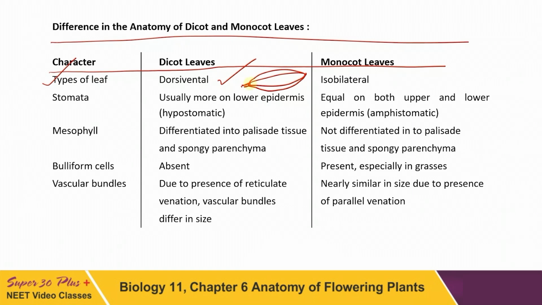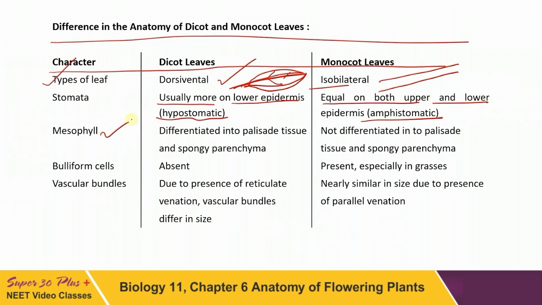Dorsiventral, midvein is there, reticulate venation is there. Isobilateral leaf, I told you in detail. Stomata are usually more on the lower side, that is hypostomatic. In monocot, equal stomata on both upper and lower side, amphistomatic. Mesophyll is differentiated into palisade and spongy parenchyma in dicot. It is not differentiated in monocot. There is no need.